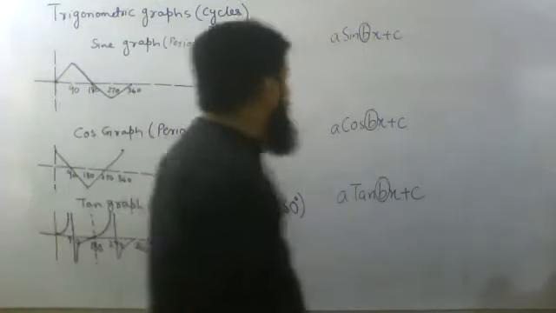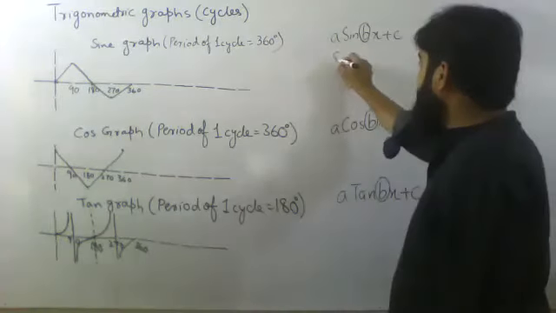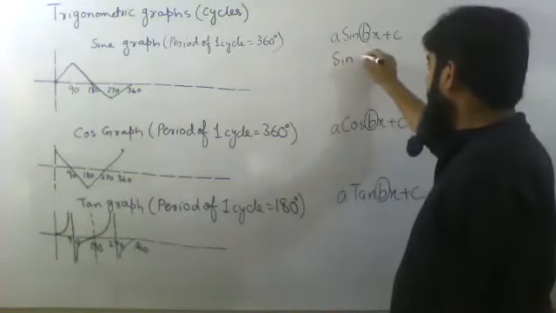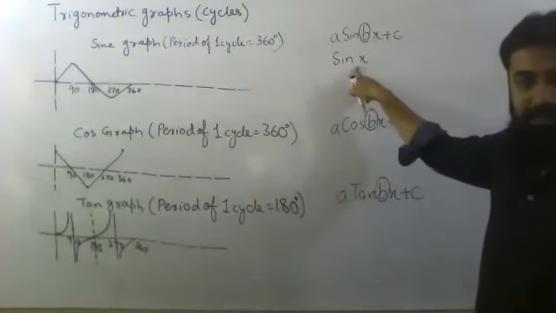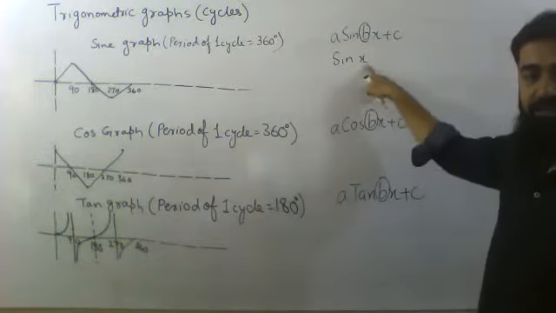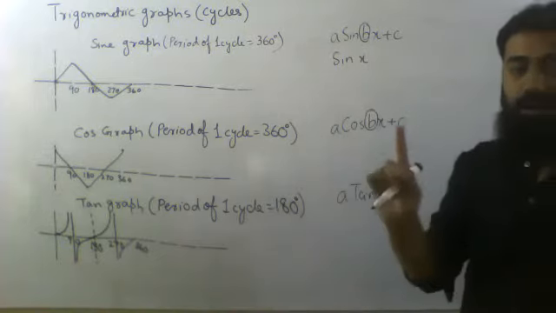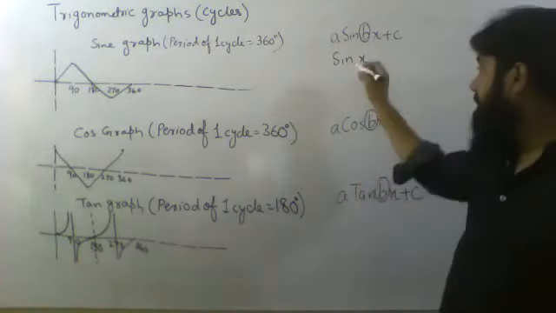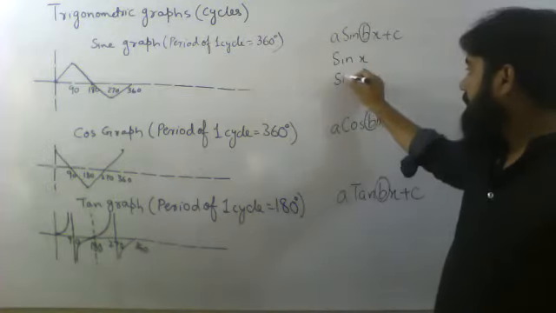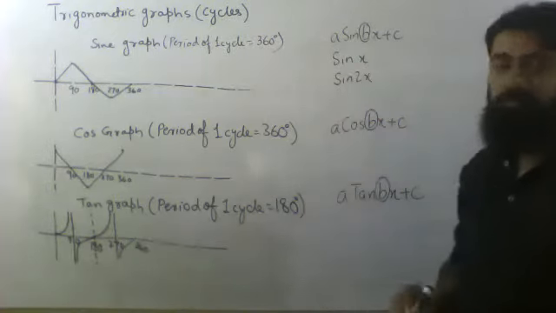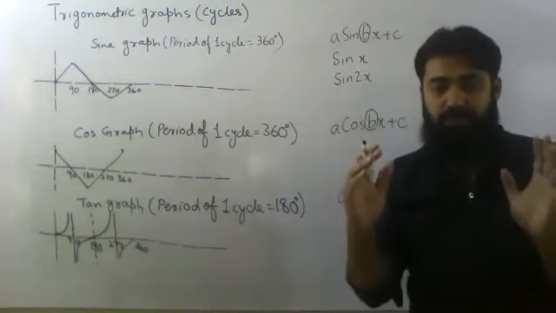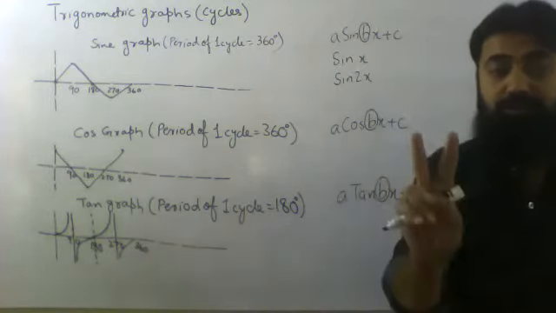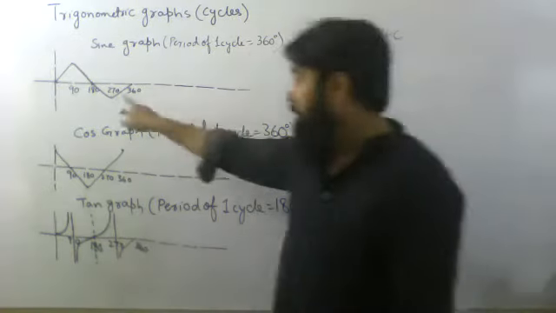For instance, if I am writing sine x, where x represents the angle and nothing is written between sine and x, it means I am talking about one cycle. But if I write sine 2x, it means now in the range of 0 to 360 degrees, I should have two cycles.